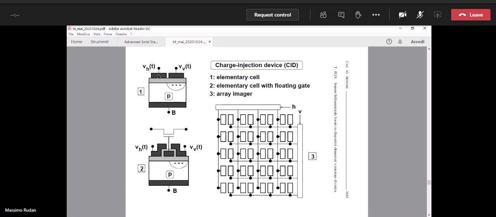After one passage from right to left, we can do another one from left to right, as many times as we wish. So we can even average the result of all these signals and try to eliminate the noise, okay?